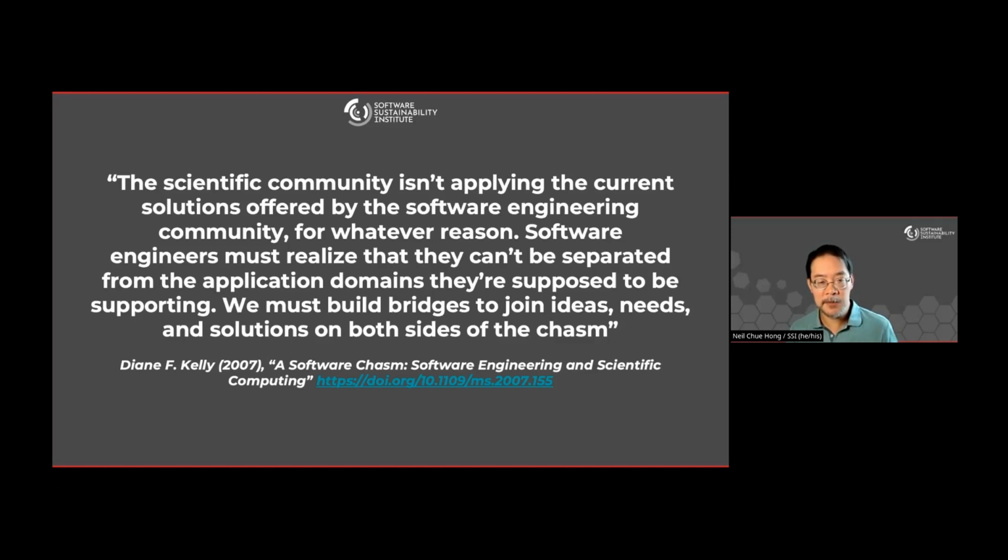And what's happened since then? We've had the research software engineering movement, and we've had a whole set of people really think about what it means to do software engineering for research software. And we're starting to see that the communities are coming together. I co-run a workshop series called Software Engineering for Science with Professor Jeff Carver.